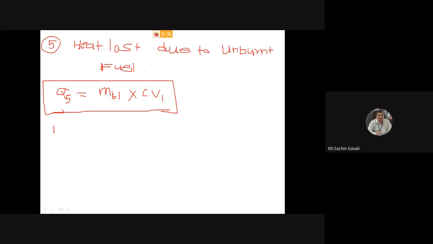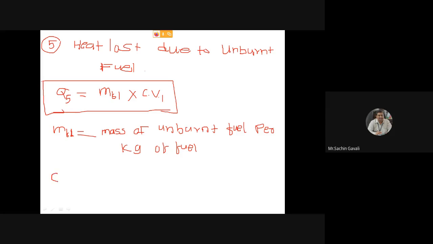Write down, where MF1 is equal to mass of unburnt fuel per kg of fuel, which means MF1 divided by MF.